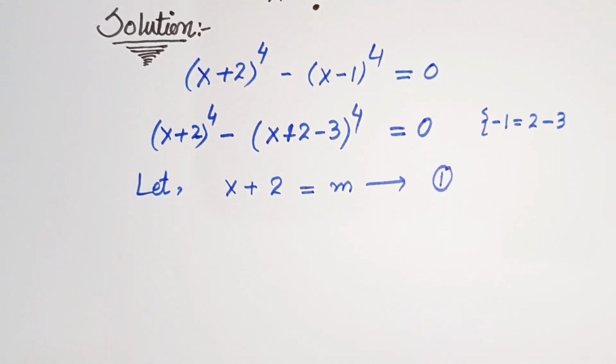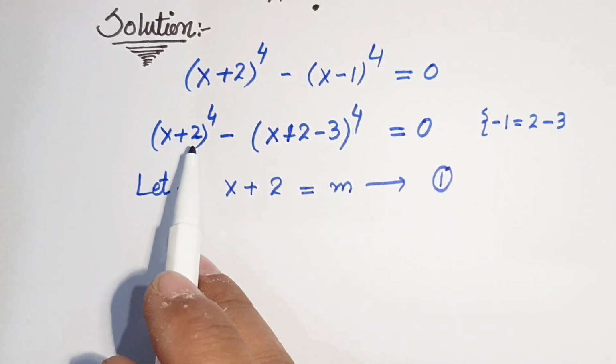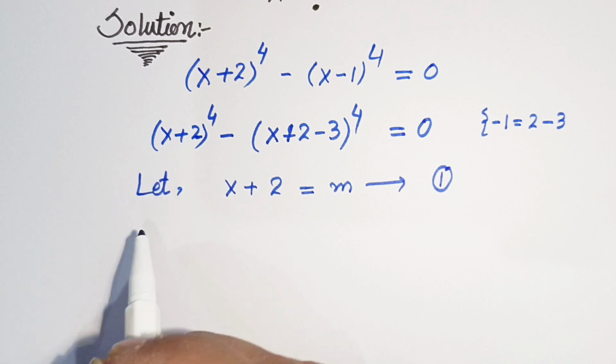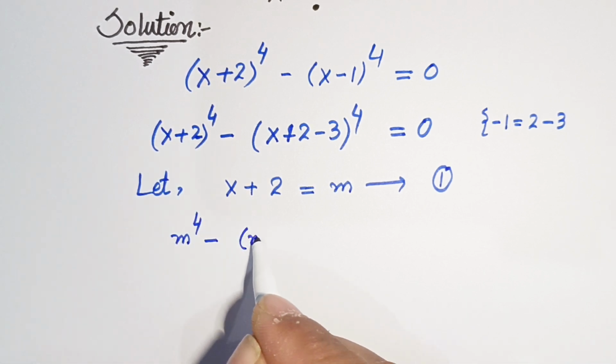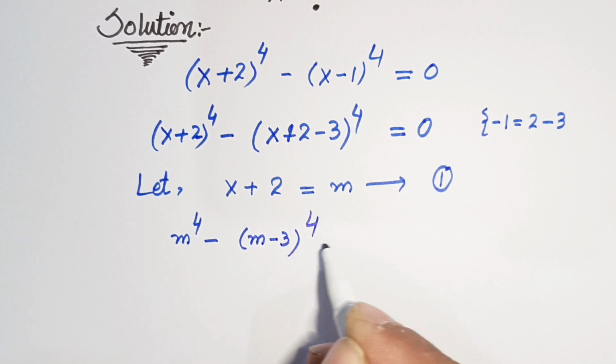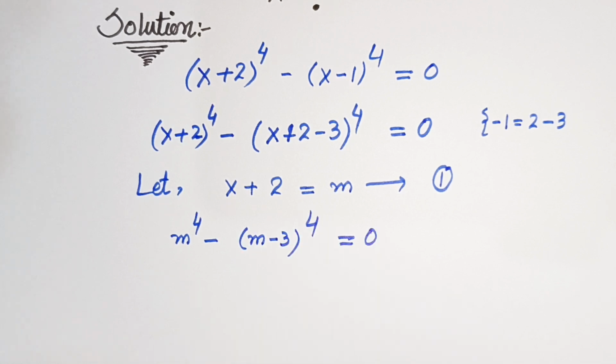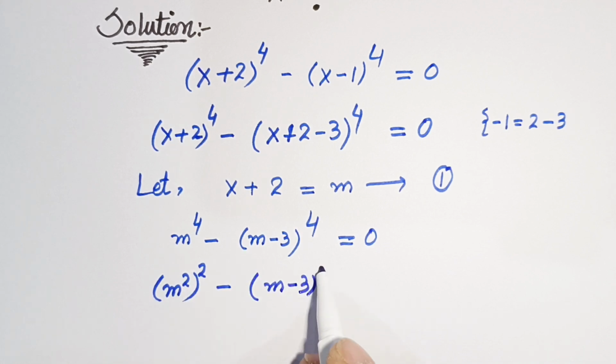Now if we put this value in the above equation, we get m^4 - (m - 3)^4 = 0. So now m^4 can also be written as (m^2)^2, and here ((m - 3)^2)^2, which is equal to 0.